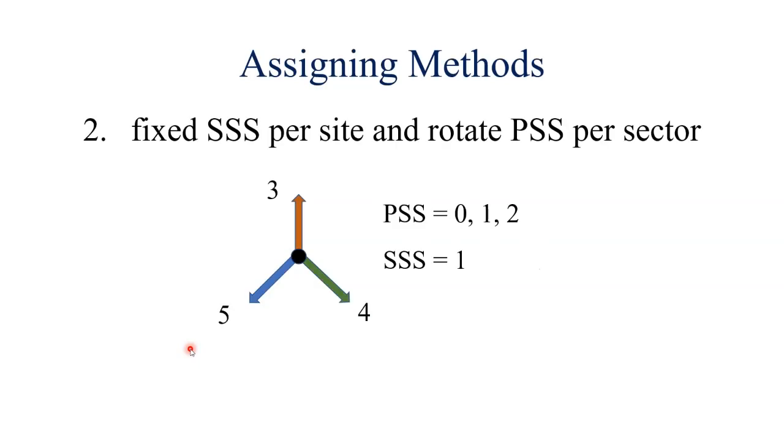The second method is fixing the SSS per site and rotating the PSS per sector. This improves the quality of the reference signal decoding, but it introduces constant interference to traffic resource elements.